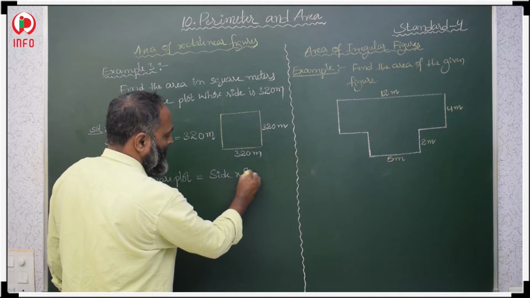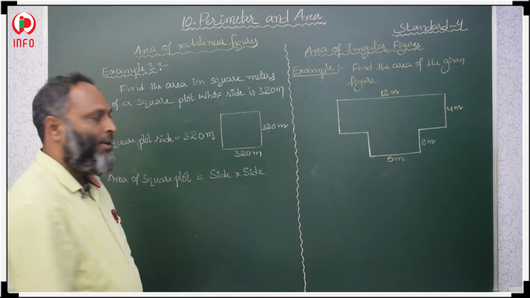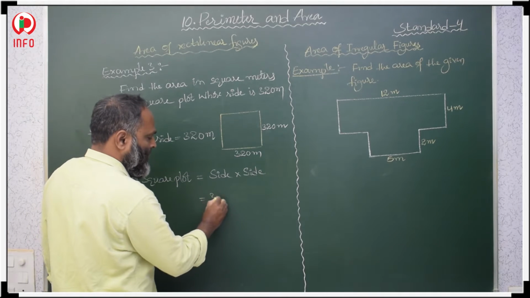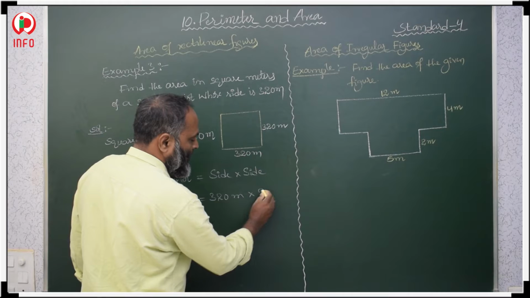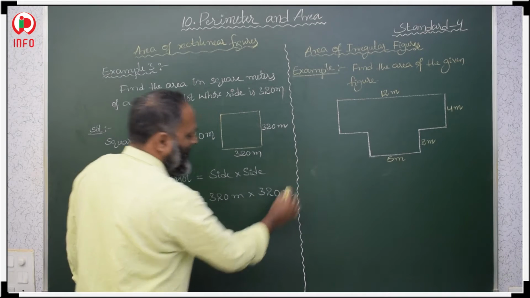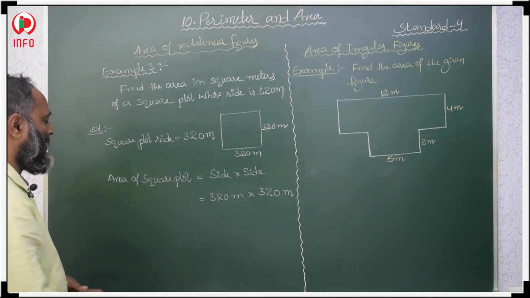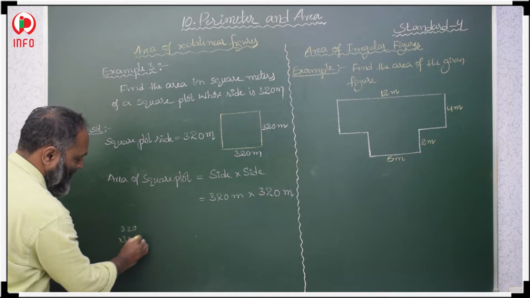We should multiply side with side, that is 320 meters multiplied by 320 meters. Now multiply 320 with 320 in the rough column.